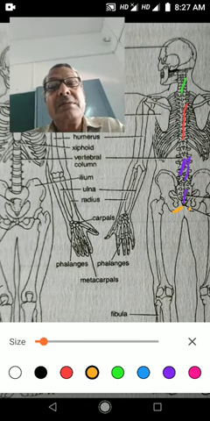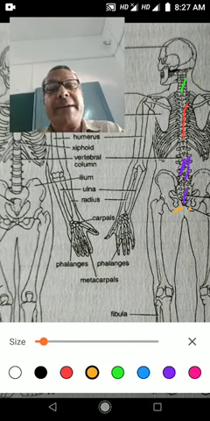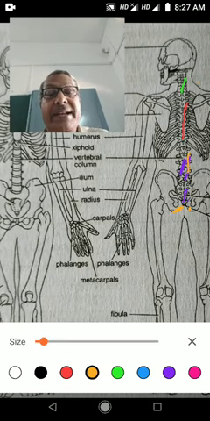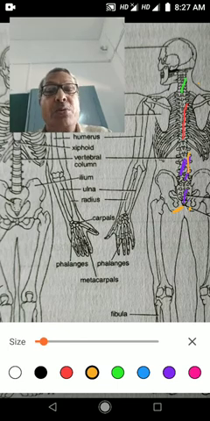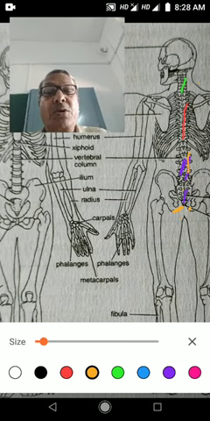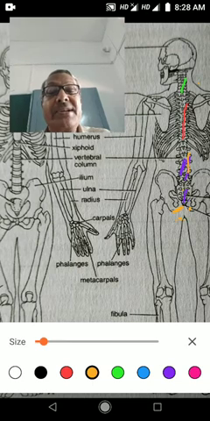7 vertebrae are present in the neck region, that is the cervical vertebrae. 12 vertebrae are present in the thorax region, that is the thoracic vertebrae. 5 are present in the lumbar region, that is the lumbar vertebrae. 5 are present in the sacral region, but all the 5 fuse together and form one bone, that is the sacrum. Likewise in the coccygeal region, 4 vertebrae fuse together and form a single bone, that is the coccyx.